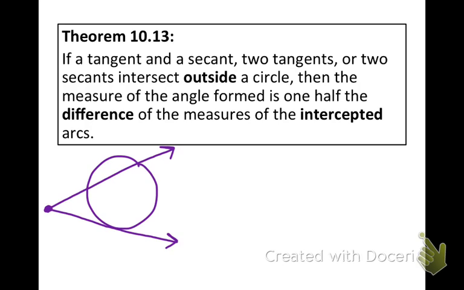Let's put some labelings to this. Let's make this top A, B, C, D. Hold on a second. Where are the 2 intercepted arcs now?